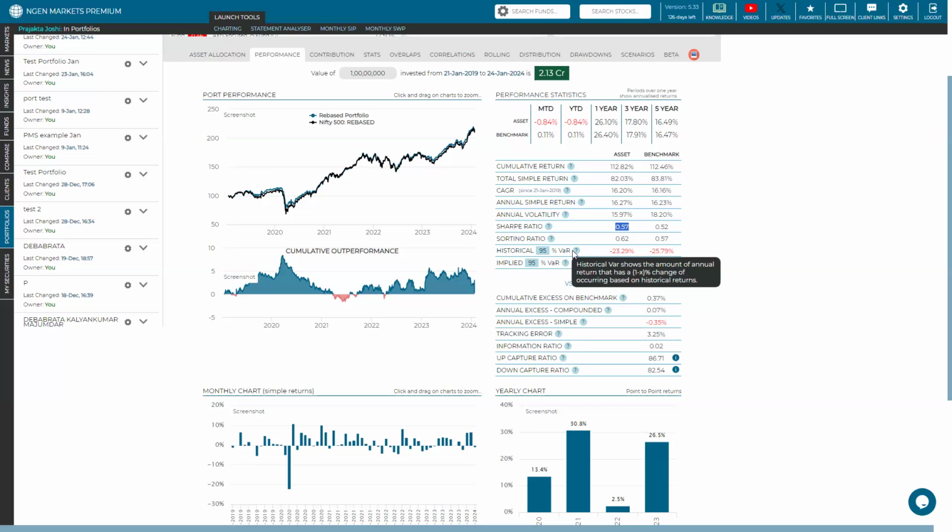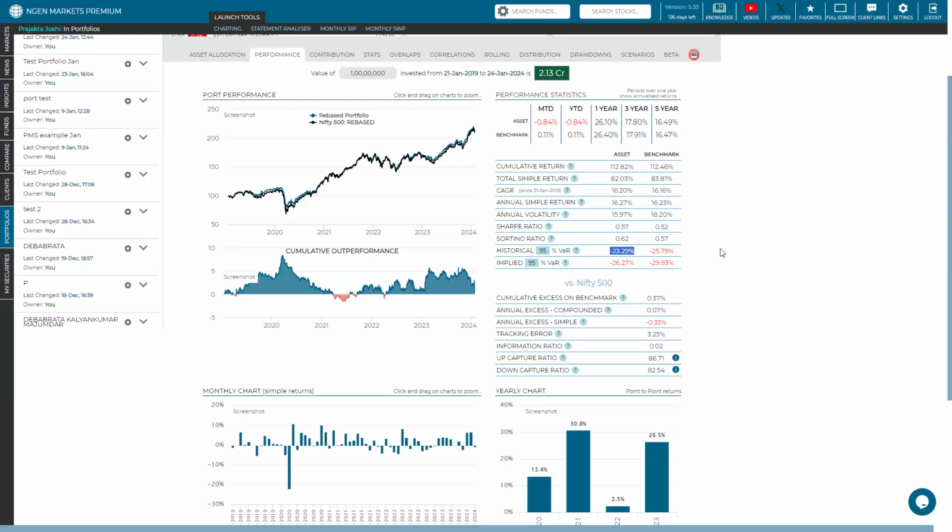On the other hand, my benchmark in the same time period will go down by 25 rupees, right? So in case of my portfolio, my capital will be protected to an extent of about 77 rupees. On the other hand, in my benchmark, my capital would be protected only to an extent of 75 rupees, right? So you're better off with the portfolio when we consider downside risk only as a parameter.